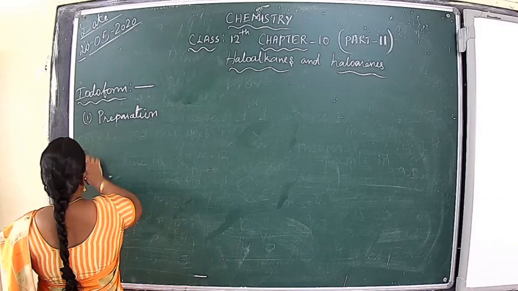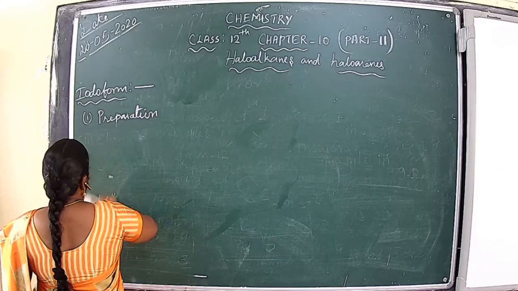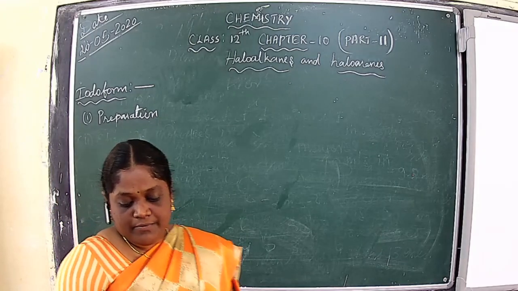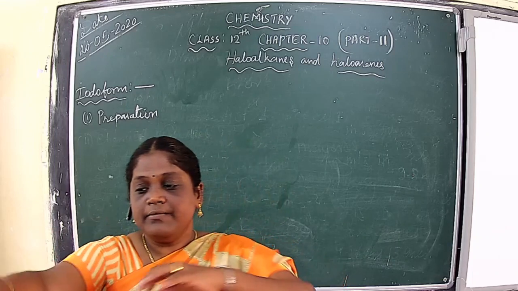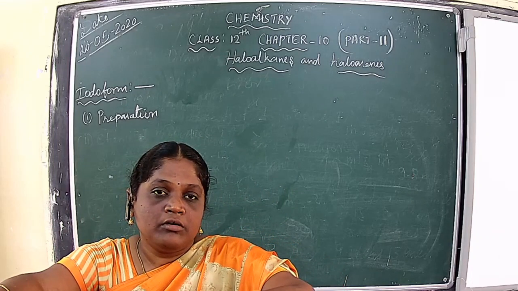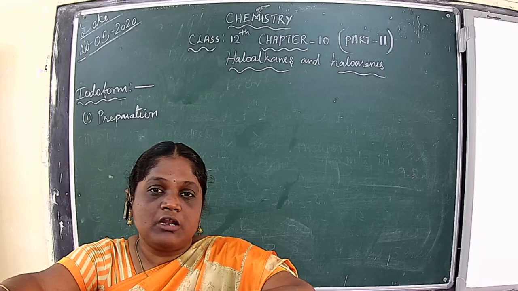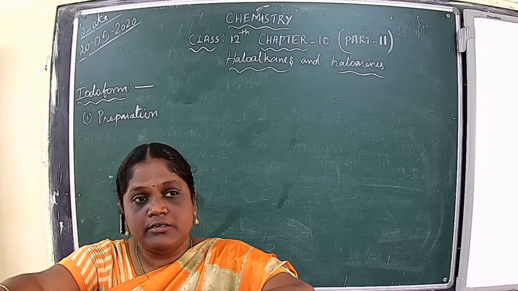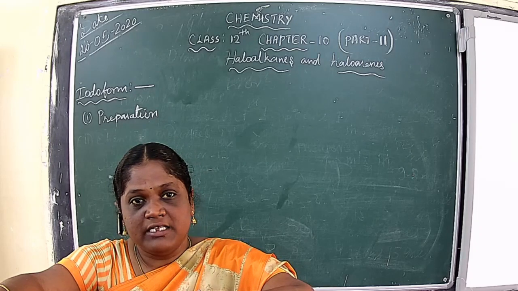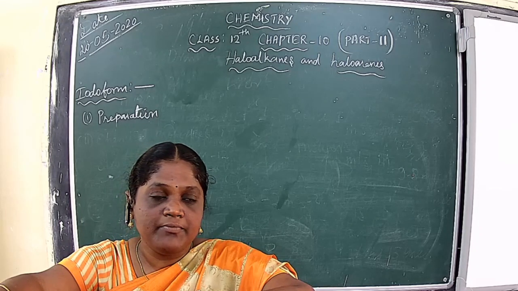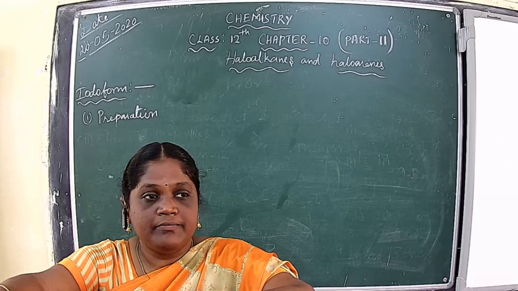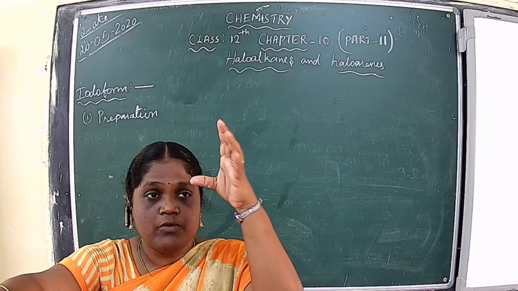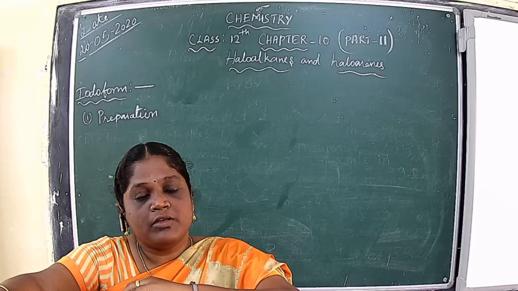Chloroform preparation, first one is from ethanol. Calcium oxychloride and sodium hypochlorite both act as a source of liberation of chlorine, and that chlorine acts as an oxidizing agent as well as a chlorinating agent.